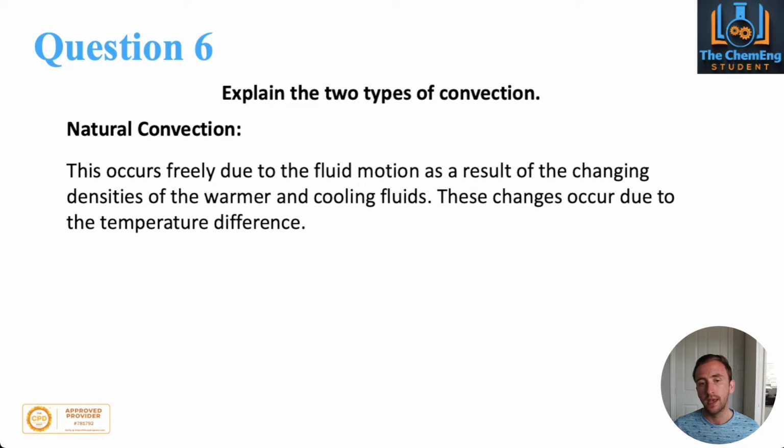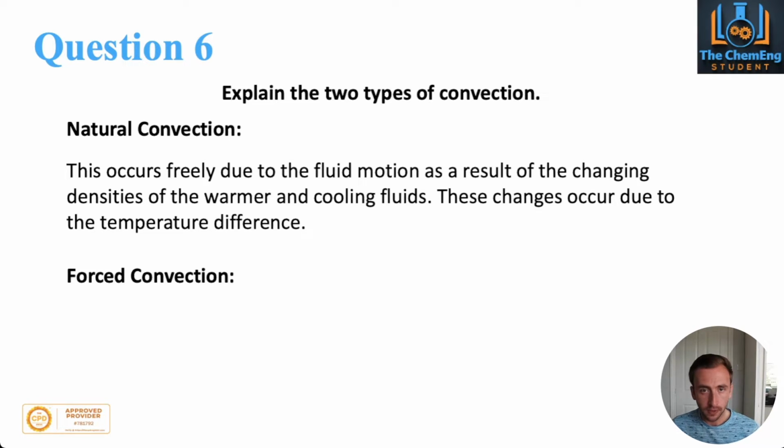So for example, if you think of just general air, when you have heat applied, the air rises to the top of the room. But as it cools, it then begins to fall back down. So this motion between rising and falling due to the change in density is called natural convection. There's no input into the system.